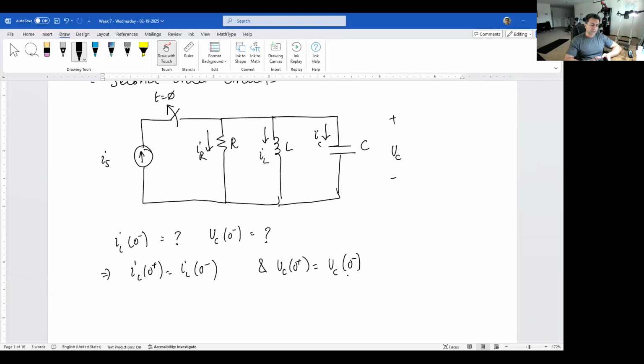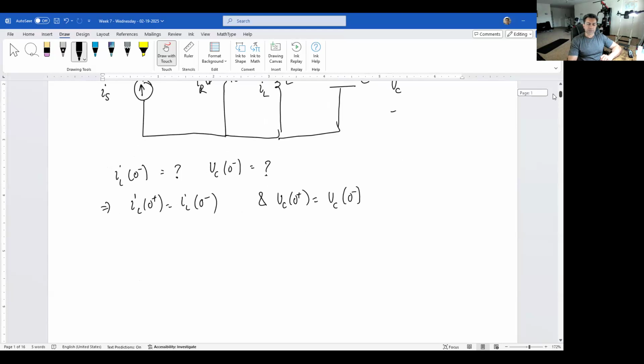We need to know what the initial values of the inductor current and capacitor voltage were to find our equations. And those values are the same as what they were just before the change happened. So those initial values do not change. And that's why we find those initial values at time t equal to 0 negative.